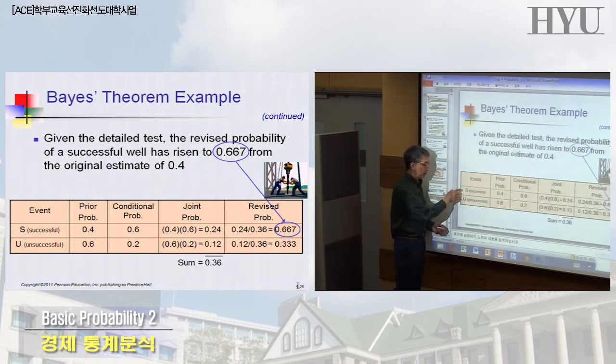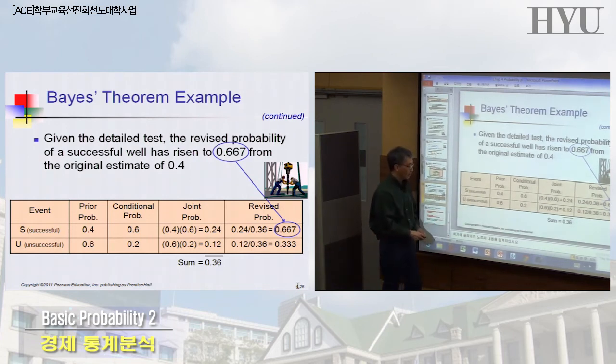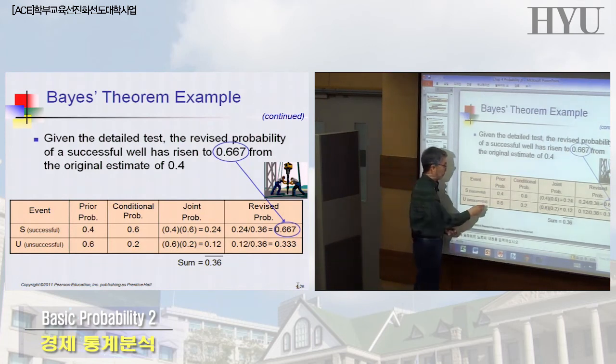It could be very successful, moderately successful, or not successful, a completely dry hole, or something like that. But here we have simple events of success and not success. And then we have prior probability, 0.4 and 0.6.